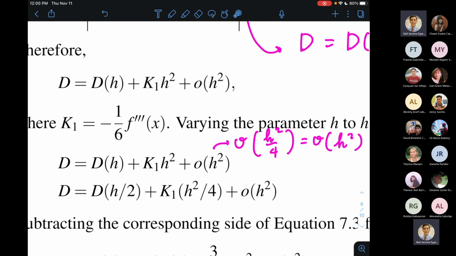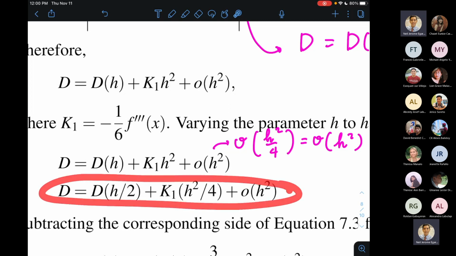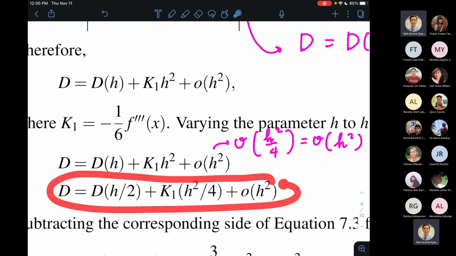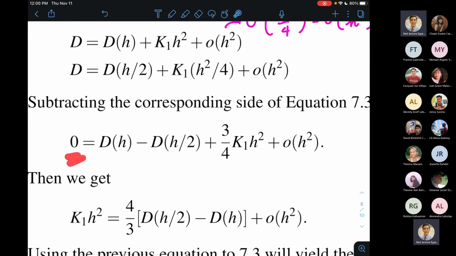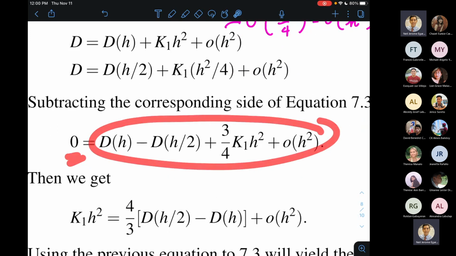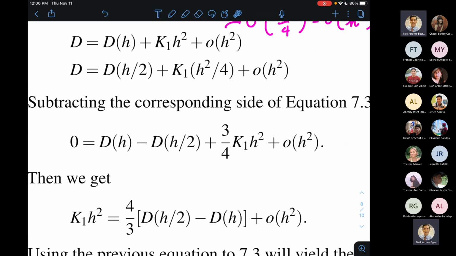And then the next step is to subtract the corresponding sides of the second equation from the first equation. So if I do that, we'll have this. 0 equals D_h minus D_h over 2 and so on. Okay? And then algebra lang yung subtraction ng unang dalawang terms.